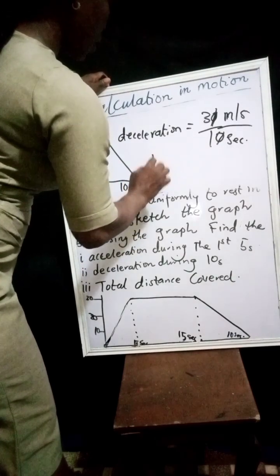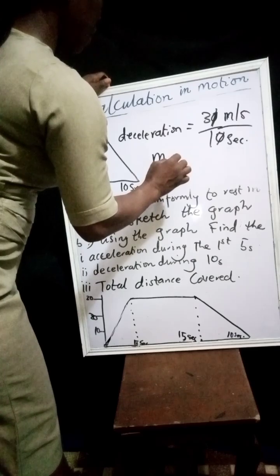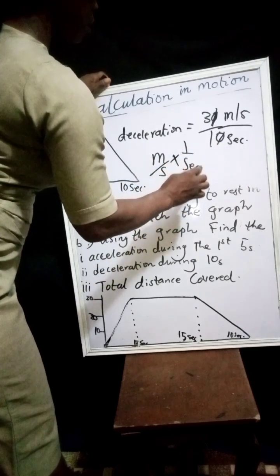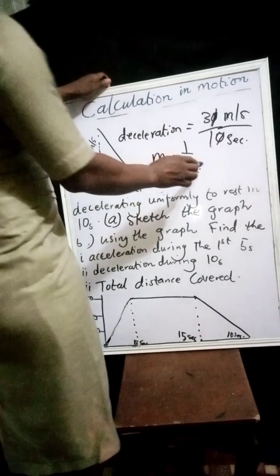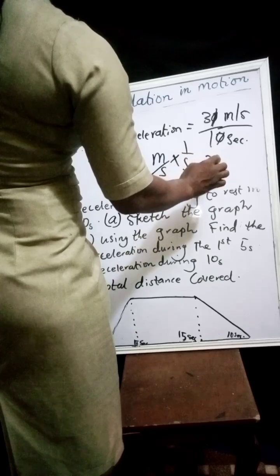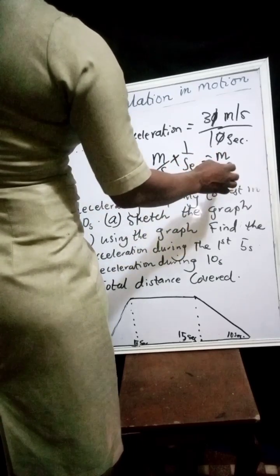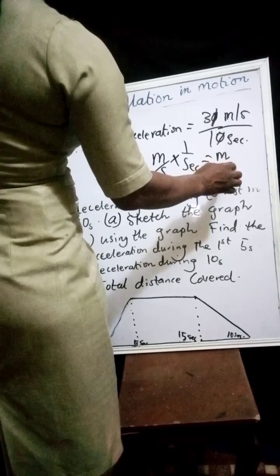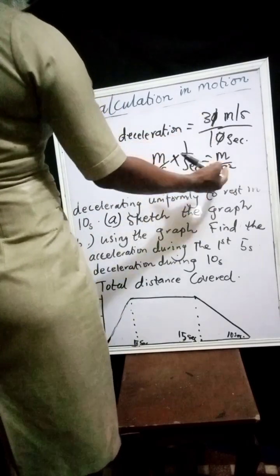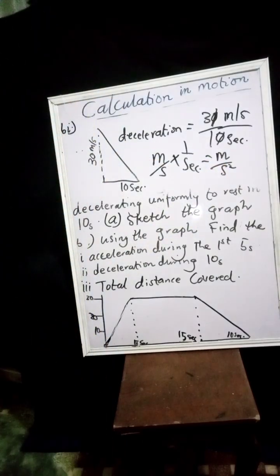This is meter multiplied by 1 over seconds. So M multiplied by 1 is M, and second multiplied by second is second squared. So the answer is 3 meters per second squared, or we can equally write it in this form.